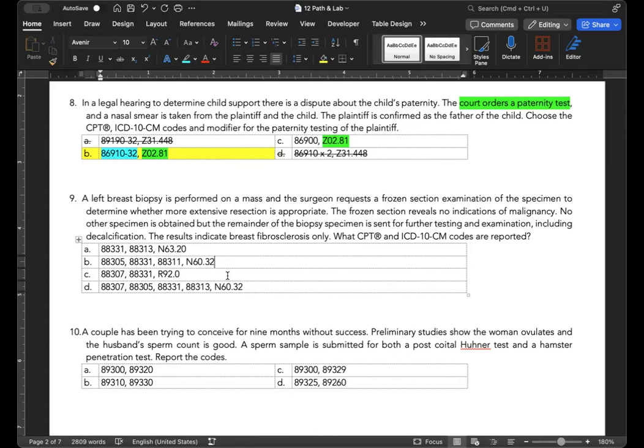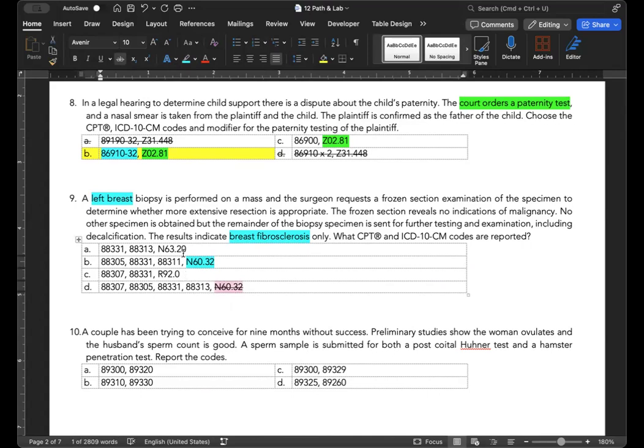N60.32 is fibrosclerosis of the left breast. So we do have breast fibrosclerosis, and it is on the left breast. So we do want to use N60.32.